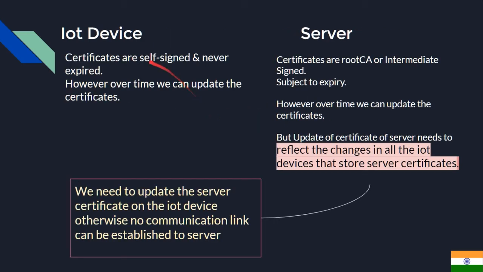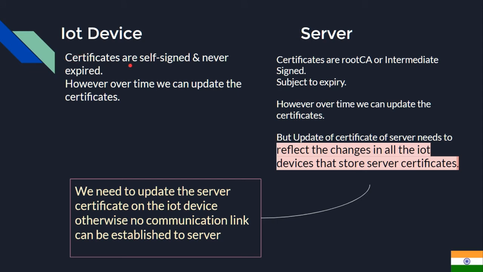So in my architecture, at the IoT level, I have used self-signed certificates, wherein I have produced some certificates that are not authenticated via any root CA, because that would be computationally hard for the IoT device. Rather, I have stored that certificate on the IoT device.